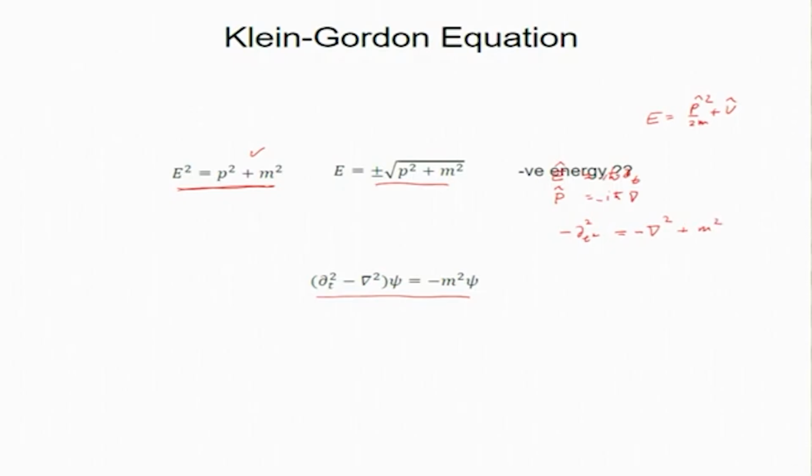When I take this to the right hand side and bring that to the left hand side, I will get this equation. With m equal to 0 we get free waves, which is a photon, since the mass of the photon is 0. But there are particles with non-zero mass, pions, mesons, a lot of them, and this is the equation for those particles.